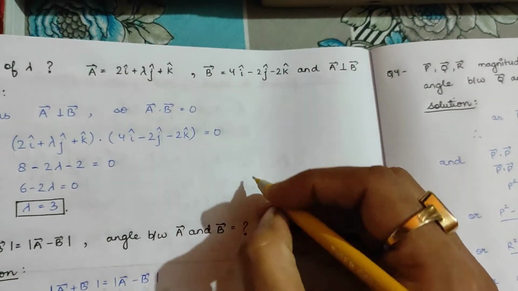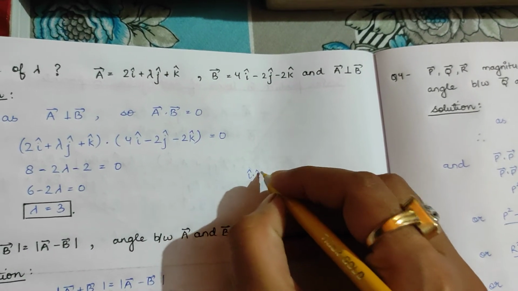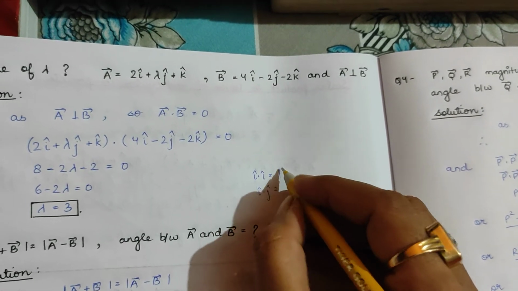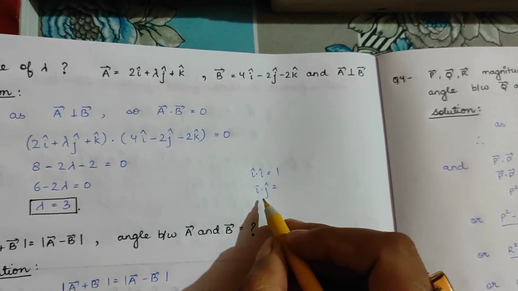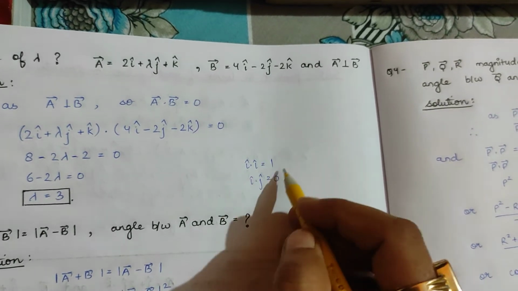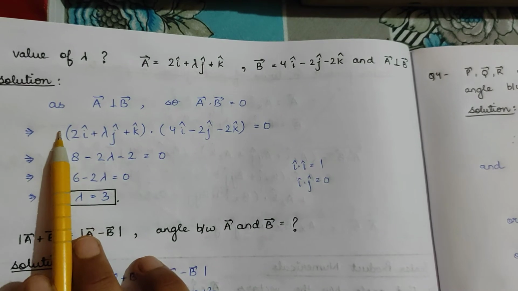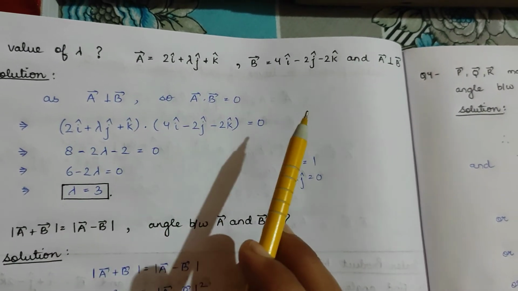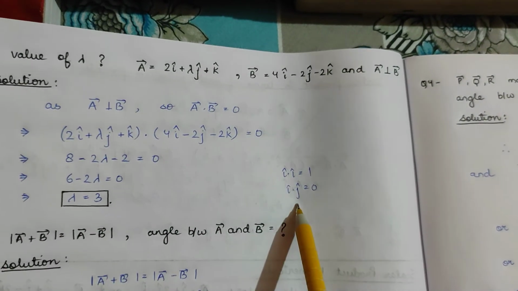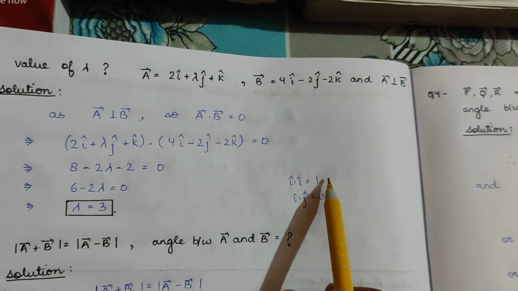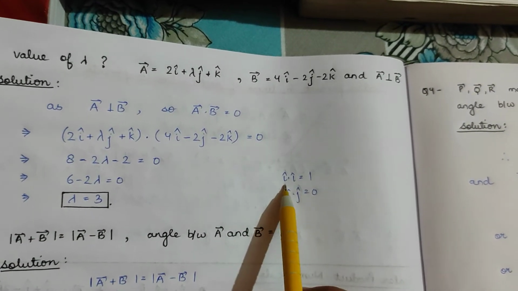Do you remember this or not? I dot i is always equal to 1, but i dot j is equal to 0. The same applies to other unit vectors also. Fine. So we need not write the terms which include different unit vectors. We will simply write the ones which include the similar unit vectors.